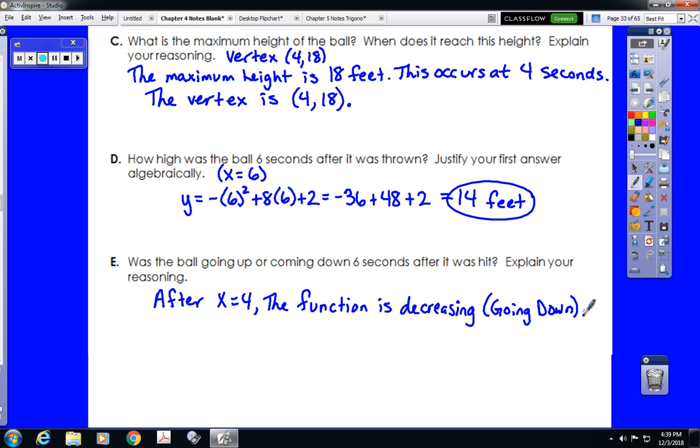That is our explanation for stating that after 6 seconds, the ball is coming down. We have explained right there in that first sentence that we understand that the function is increasing from 0 to 4 seconds, which is the vertex. Once it gets to 4 seconds, it stops moving up and starts moving down. And anything above 4 seconds, 5 seconds, 6 seconds until it hits the ground would be coming down.